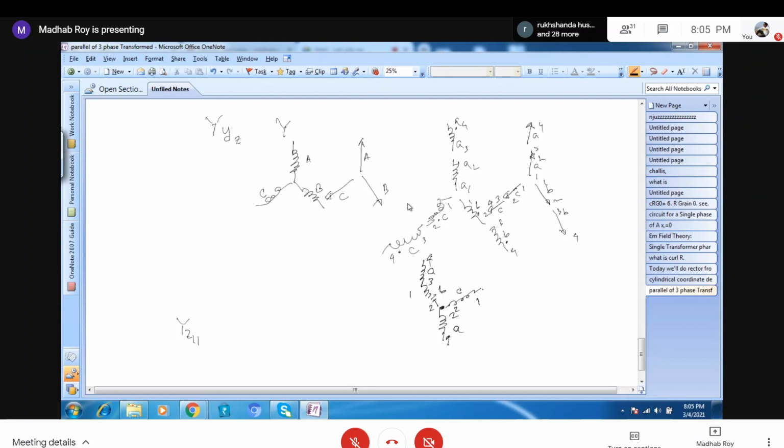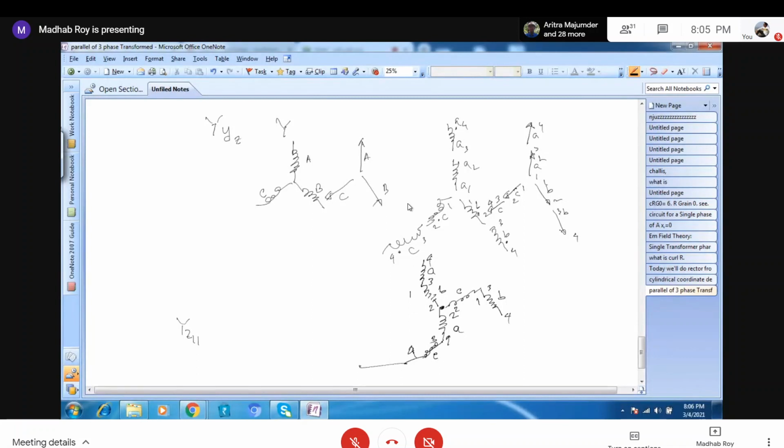And here also you are connecting the winding like this, B, it is a 3, it is a 4. Now we are connecting here C like this, it is a 3, 4.